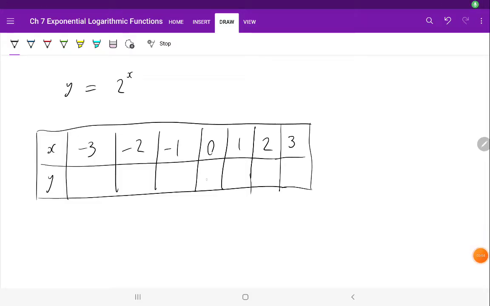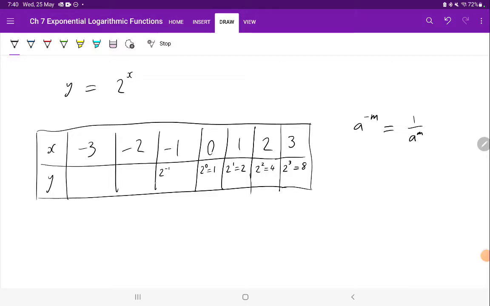Alrighty, so starting in the middle of the table, we get 2 to the 0 equals 1, 2 to the 1 equals 2, 2 to the 2 equals 4, and 2 to the 3 equals 8. Going on the left-hand side, we get 2 to the -1. And in order to solve this, we're going to have to use our negative law from the index laws.